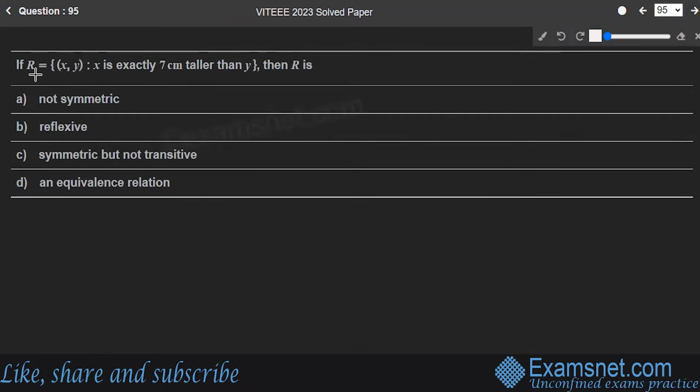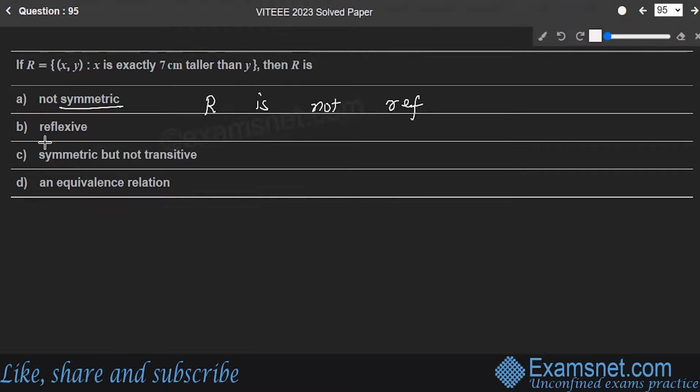If R is a set such that X is exactly 7 centimeters smaller than Y. So R is defined by this function. X is exactly 7 centimeters taller than Y. Then R is equal to. See, over here, if I talk about R, first of all, R is not reflexive.